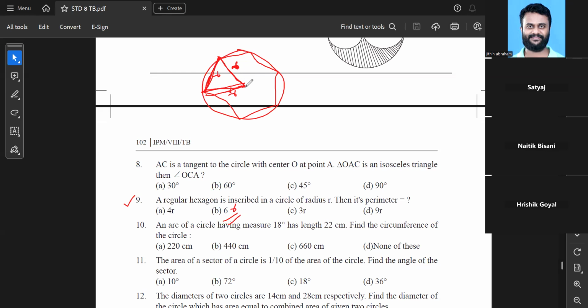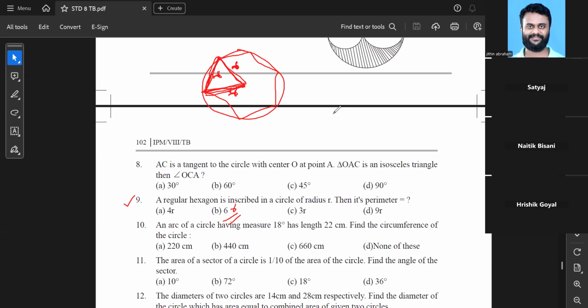So basically, this part of the hexagon will act like an equilateral triangle where all sides are the same. Understood? Sir, it is only for hexagon, right? Yes, only for hexagon.